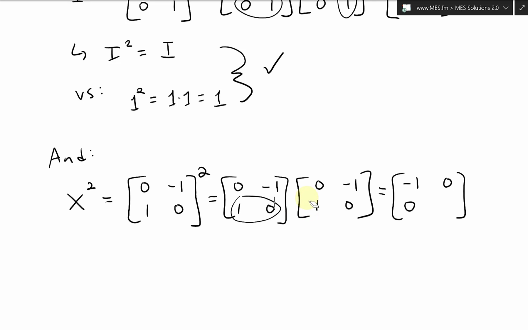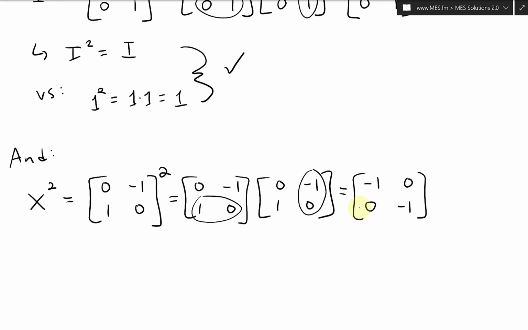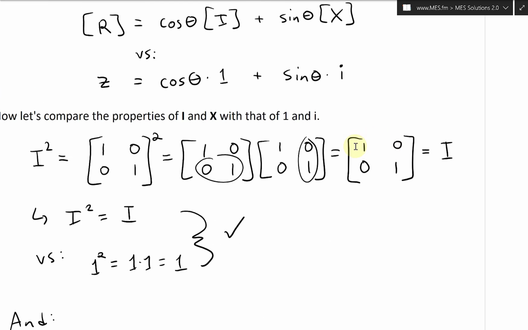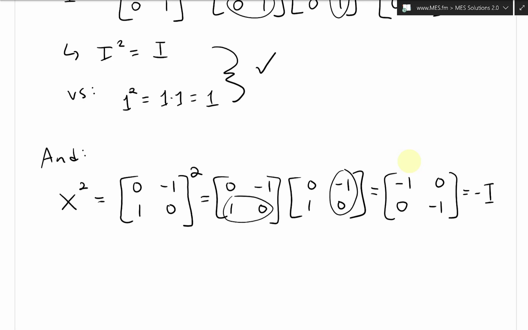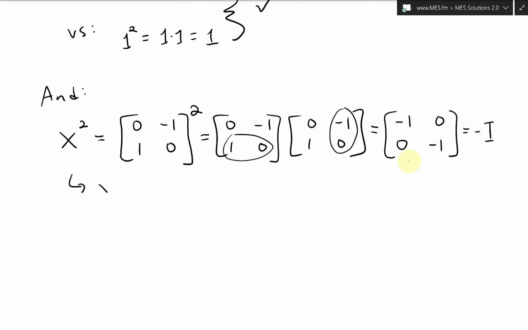And then the last one is here: 1 times -1 is -1, plus 0 times 0 is 0. So we get a -1 here. In other words, this is just negative I. Remember, this is just 1, 1, so we put a negative in there and it becomes -1, -1. So X squared is equal to negative I, the negative identity matrix.